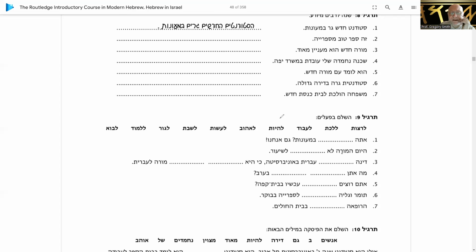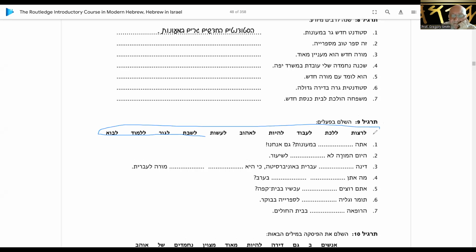Atem garim, but may note. Okay, I see what they're saying here. So these are not the choices that you put in there, but you take from the verbs here. So basically, from lagur, you would get garim. Are you dwelling in the apartment? And so they're giving you the verb form here, but you have to put it in the form that fits the rest of the grammar of the sentence.